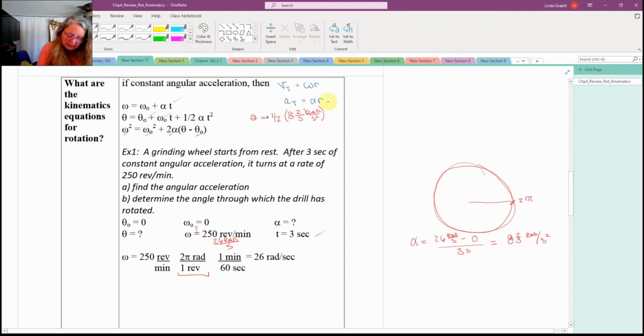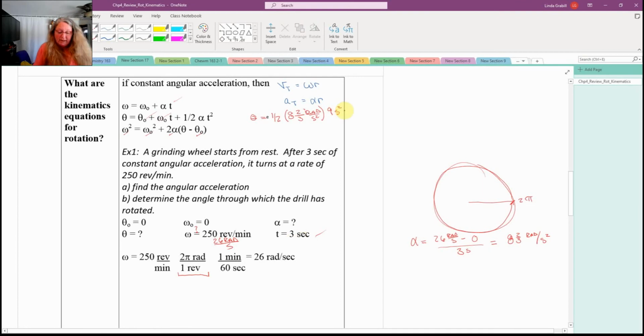What did I say? 3 seconds. Squared. Yes. Okay, let me stop doing things in my head so I don't mess you up any more than I just messed myself up. So 3 seconds squared is 9 seconds squared.